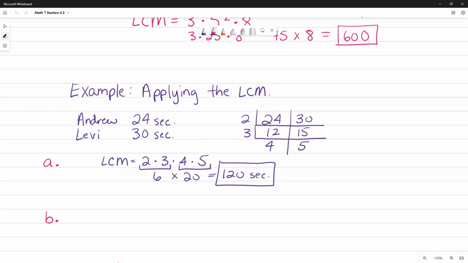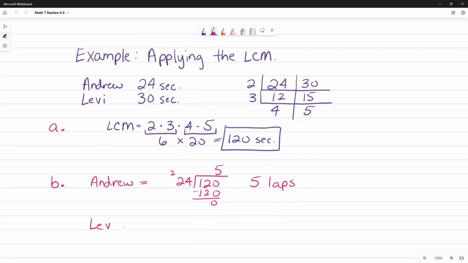Right. So we take the total time, 120 seconds, at 24 seconds per lap. We said 5. 5 times 4 is 20. Carry my 2, and that makes 12. So yeah, Andrew had done 5 laps.